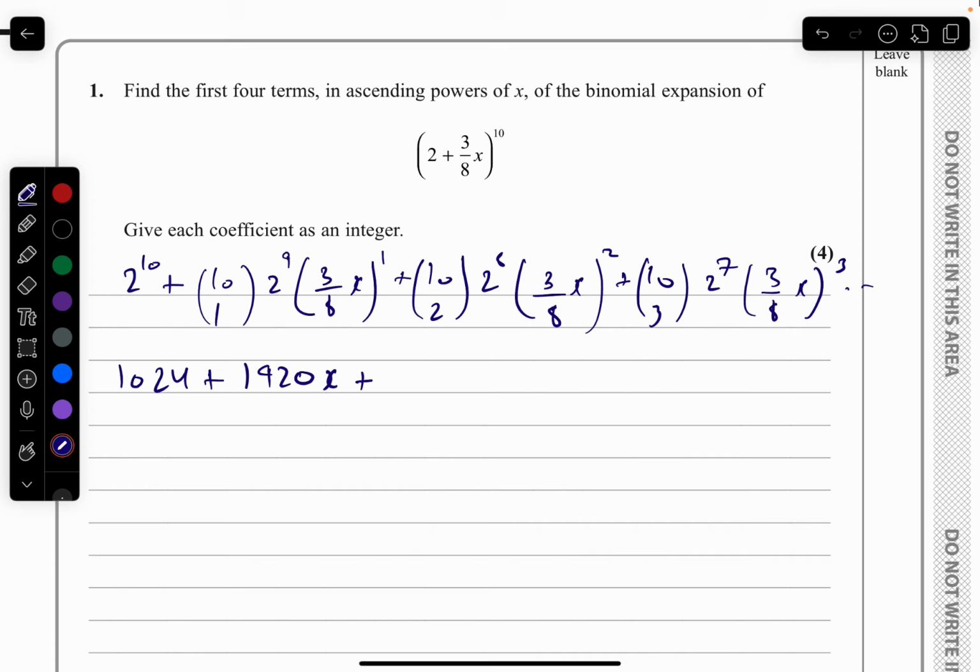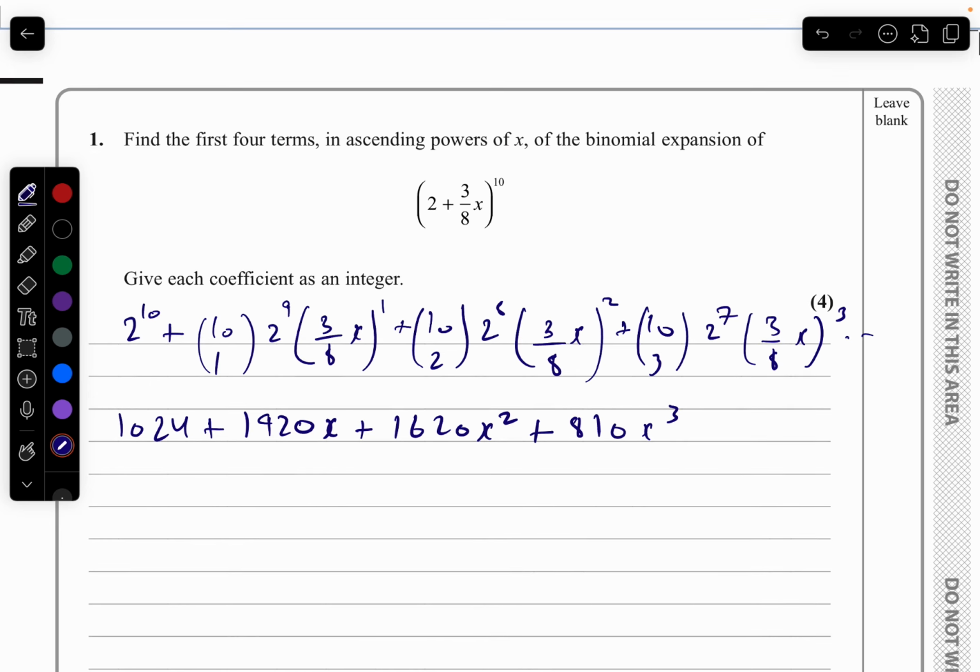You will just use your calculator and simplify it further. So this gives you 1620x squared plus 810x cubed. That's it. So you have successfully found the first four terms: 1, 2, 3, 4.